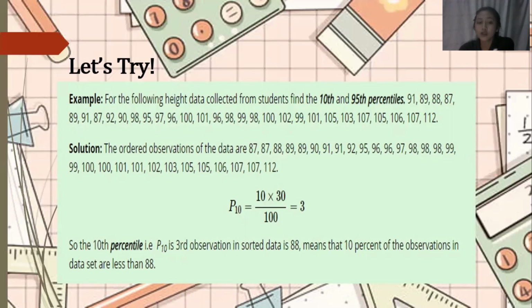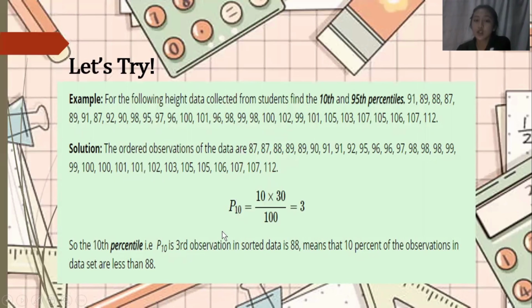So, we're looking for the third observation. So, let's count. 1, 2, 3. So, do you follow, guys? Here, 87 is the first. Then the next is 87 again. So, the third will be 88.